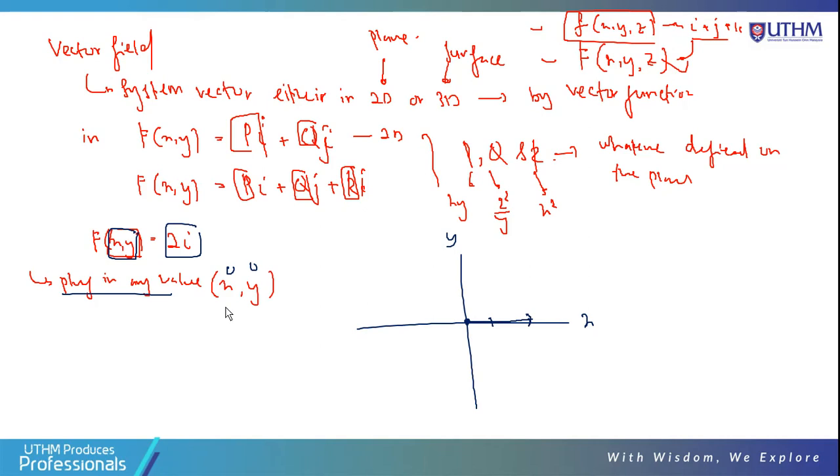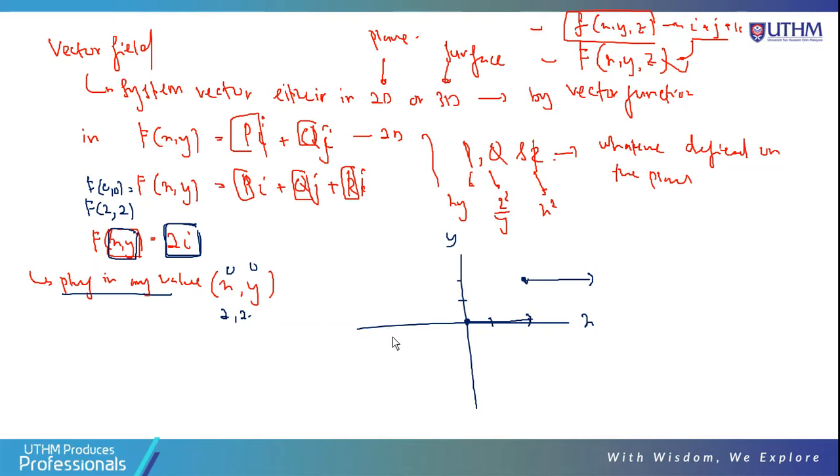Let's say you put the point 2, 2 here. F of 2, 2 is still equal to 2i. Put F of 0, 0, the answer is still the same, 2i. So all the points give 2i, because in this component there is no variable. So at the point 2, 2 it is still 2i.